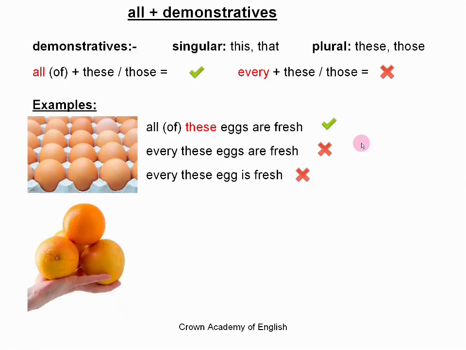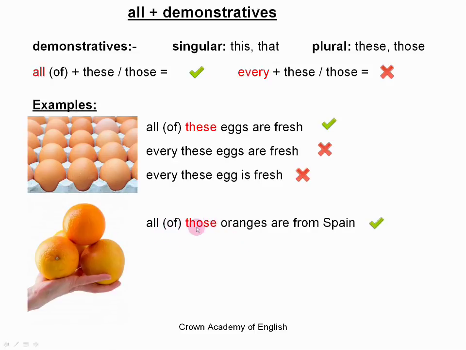Example 2. So we have some nice looking oranges. And I think these oranges come from Spain. We all know Spain grows the nicest oranges. And so we can say all of those oranges are from Spain. That is okay.